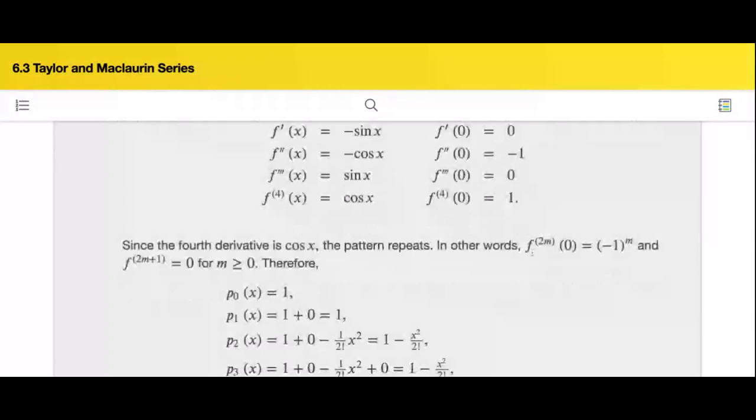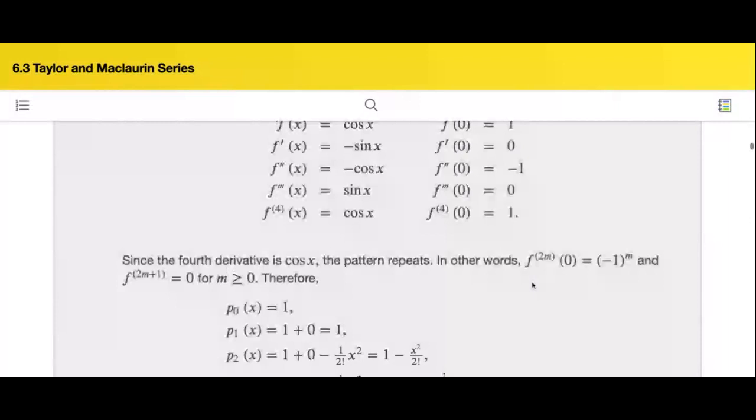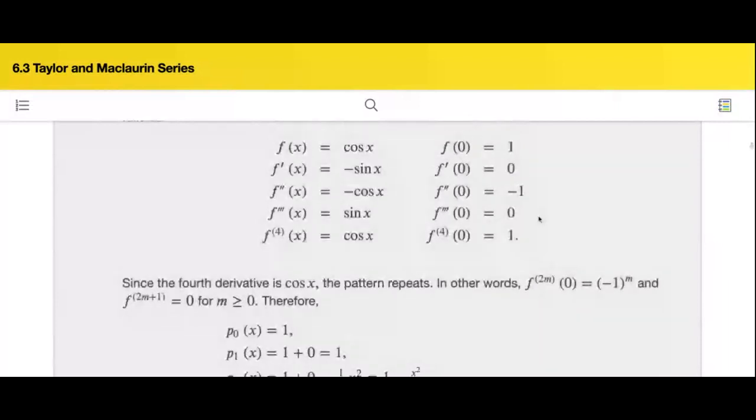f raised by 2m. So the 2m order of derivative at 0 is negative 1 raised to m. So observe this pattern. The second order derivative at 0 will be m equals 1, right? So m equals 1, we get second order.